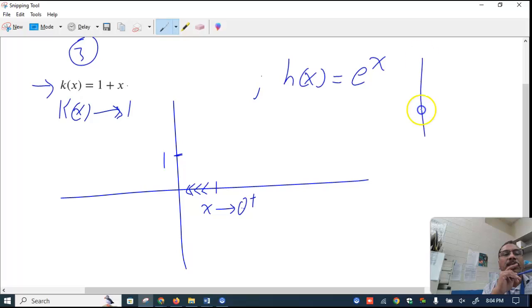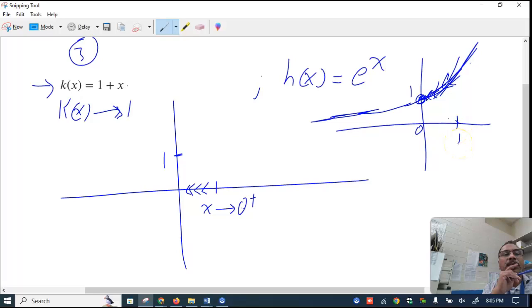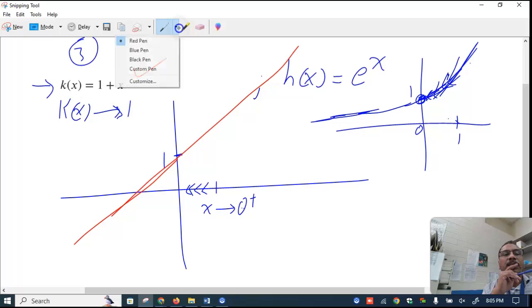We have also seen the graph of e raised to x goes this way, something like this. At 0, the answer is 1. So this graph also has output approaching 1 when x is near 0. Let me draw two lines here. One line is this one, and the other line is this one.